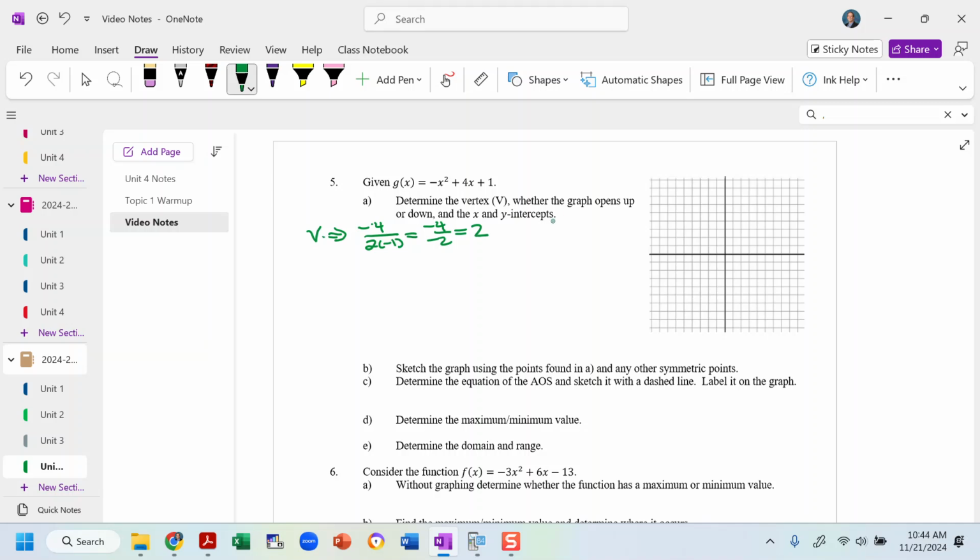So the x-coordinate of the vertex is 2. Now to find the y-coordinate, we put that 2 back in the function, and we get 5. So the vertex is 2, 5.